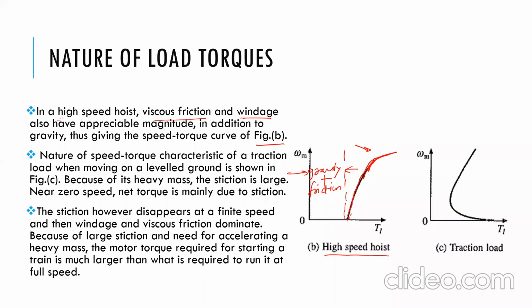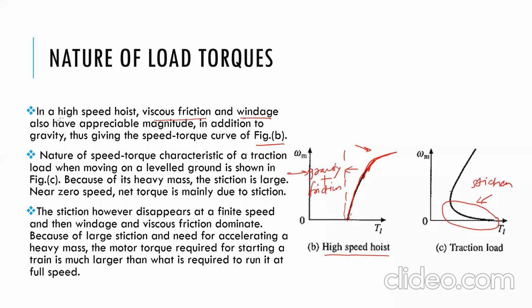If we consider the example of a train at zero speed and we want to run it, the torque required at zero speed will be very high, because we have to run that train and the weight of the train is very large. Means the starting torque requirement is large, and this is because of the stiction present at zero speed.